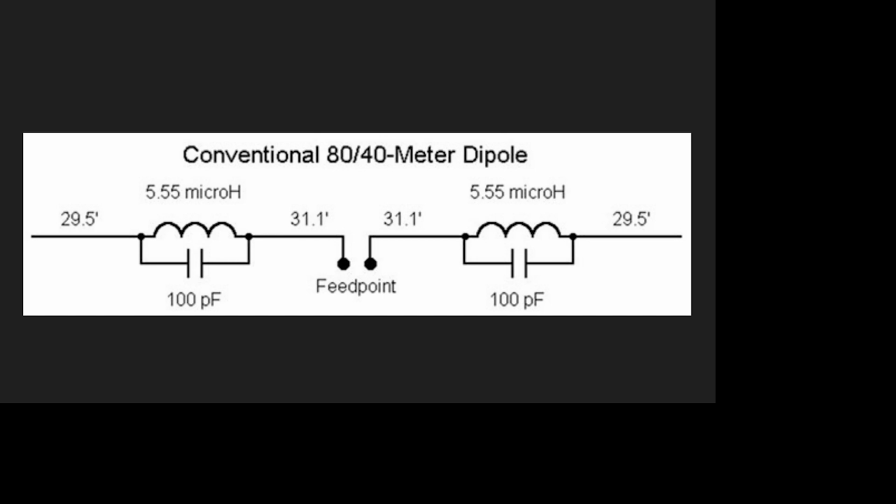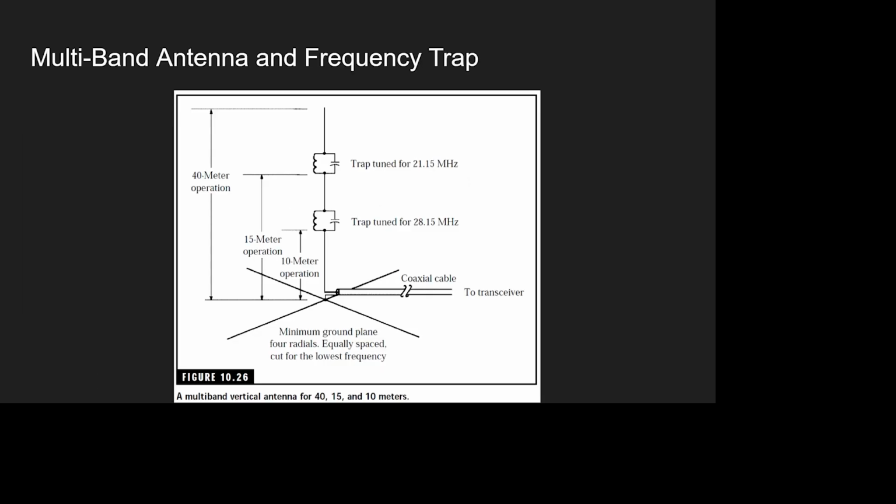If this part is for 40 meter operation and it receives the 10 meter band, like harmonics, this band stopper can help to limit the signal. Still remember the resonance. This is how the multi-band antenna works.